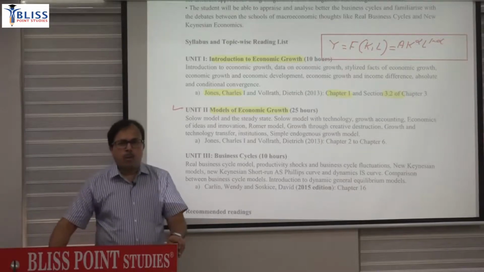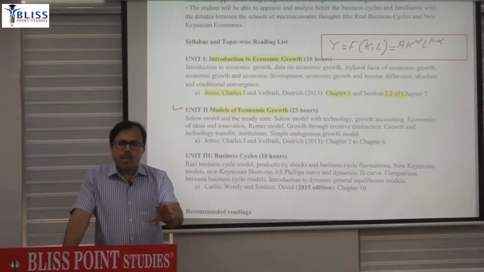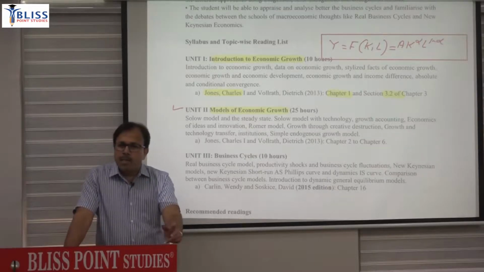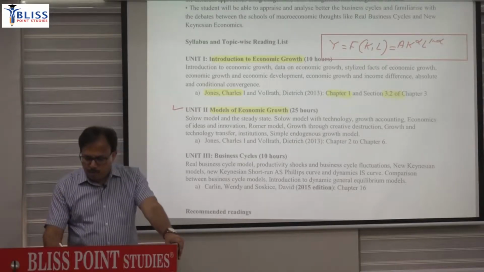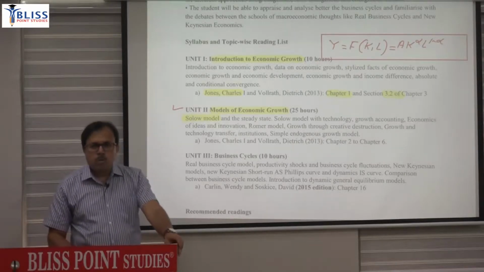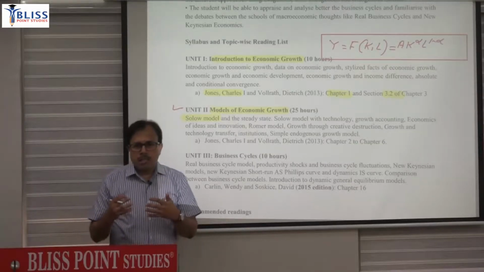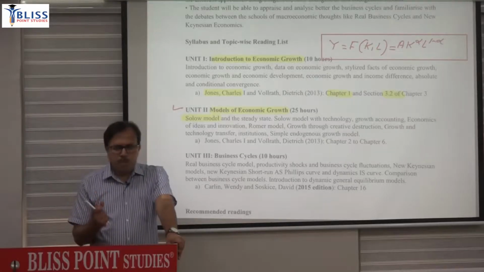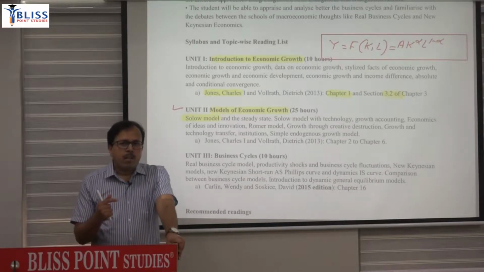So again I repeat, models means that to explain economic growth, different economists have made different models of growth. That means they will highlight different dimensions. So one dimension will be highlighted by the Solow model. The Solow model simply says that the growth of the economy is determined by the interaction between capital stock, labor force and technology, and their interaction will determine output and therefore growth of that output.